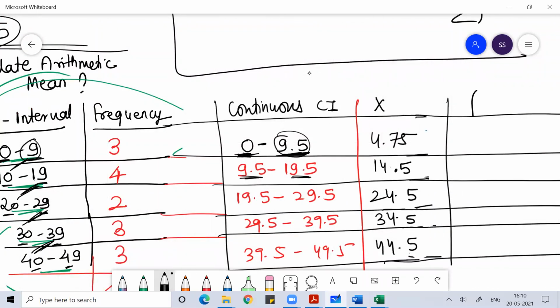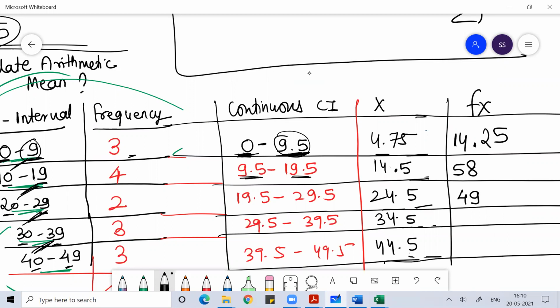So you'll find f into x, which means 4.75 into 3. 5 threes are 15, 1 carry, 21, 22, 2 carry, 14.25. Correct me if I'm wrong. 14.5 into 2, 29 twos are 58. Then 24.5 into 2, that would be 49.